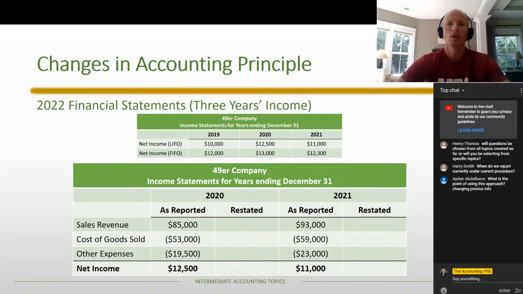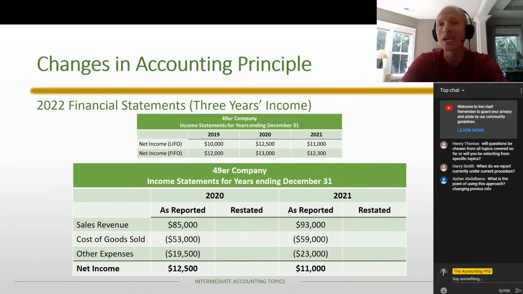I'm going to point you back to the table where we looked at the difference in income on an annual basis. You can see that under LIFO and FIFO, there's a difference in income in 2019, 2020, and 2021. The journal entry that we just did is a cumulative effect. That $3,800 is all years rolled up into one number.